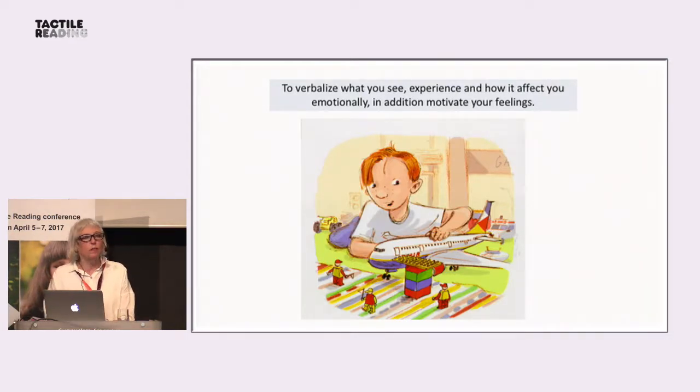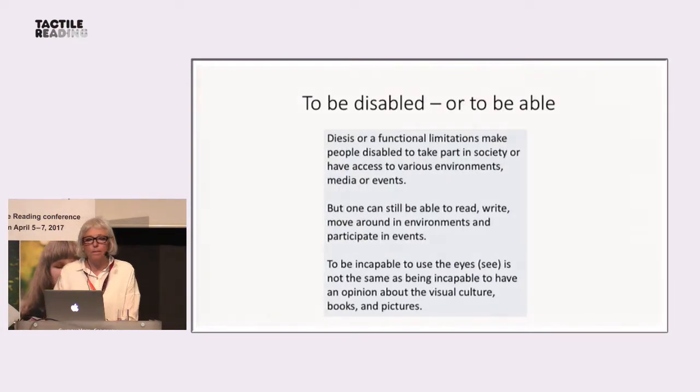It's not so easy to find the right words for what you are seeing. There's always an emotional level that you don't really know how to express and explain. So, we don't ask children that often what they feel about the pictures.